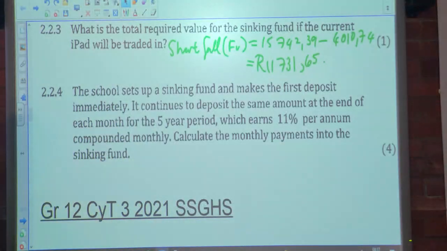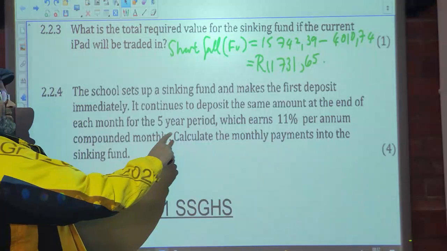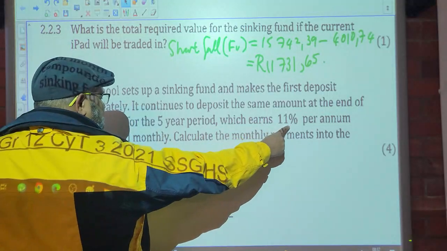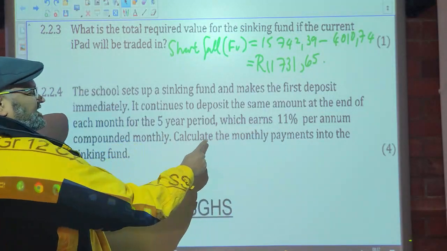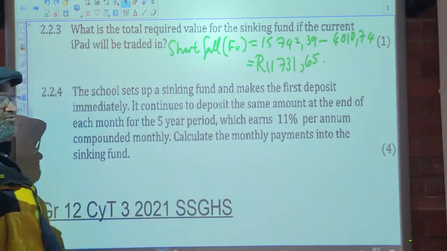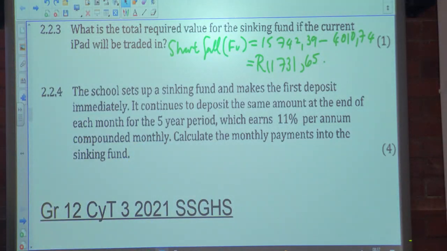So you start immediately, so it's plus 1. It continues to deposit the same amount at the end of each month for the 5-year period, which earns 11% per annum compounded monthly. The compounding rate is in line with the investment frequency, and that's what we want. So no change there.